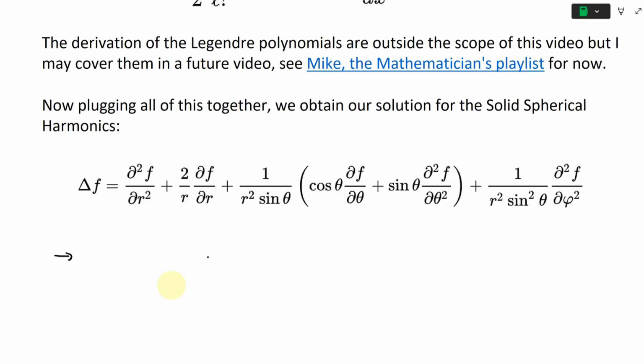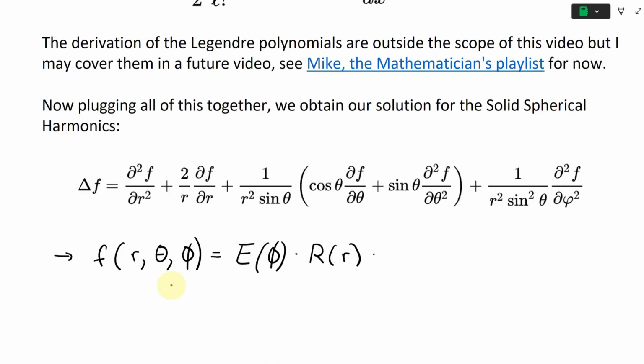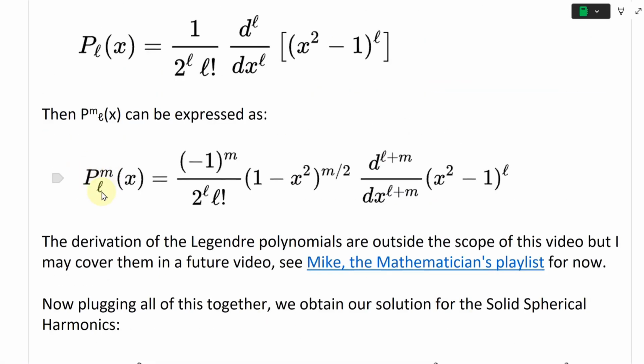I'm going to say f is a function of r, theta, phi, and this equals our setup, the separated function E as a function of phi, times, and I'll write the R one first in the middle there, R of r, and then times P of theta. The reason I put that at the end is because that's the associated set of the PLM.